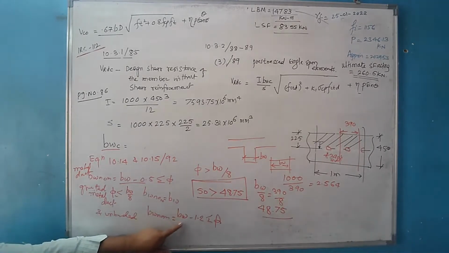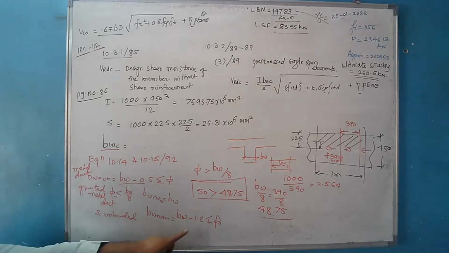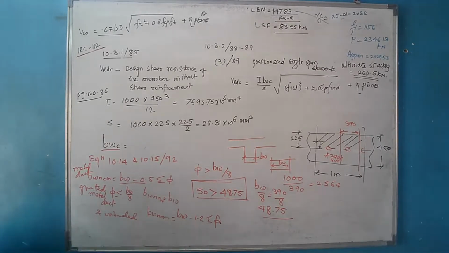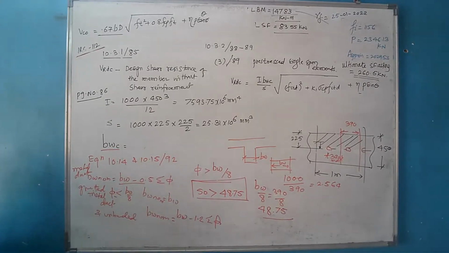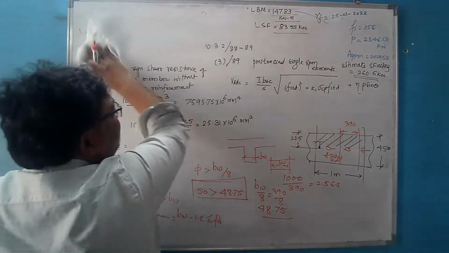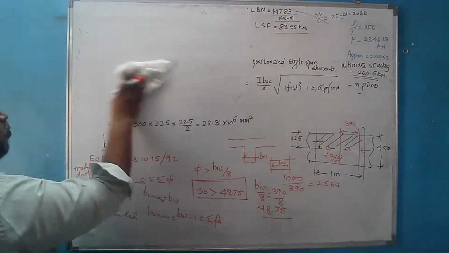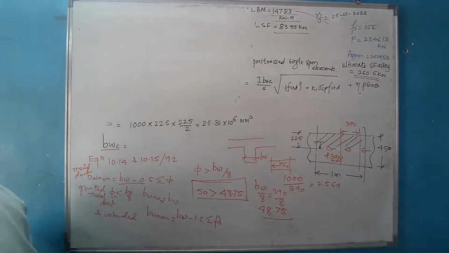This is the equation when it is ungrouted, when it is a plastic duct. अगर प्लास्टिक का हमने डक्ट प्रोवाइड किया, अगर हमने ग्राउट नहीं किया, अगर केबल्स अनबाउंडेड है, then consider greater reduction. But our is the case when we are considering that. Assume नहीं है तो हम assume करेंगे. What we will assume? Say we are providing metal duct and say we are properly grouting it. We are grouting the cables.